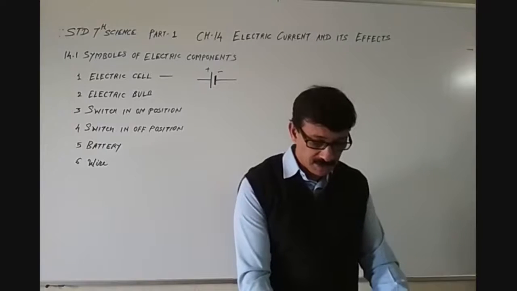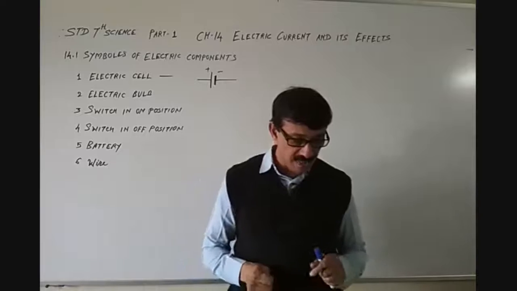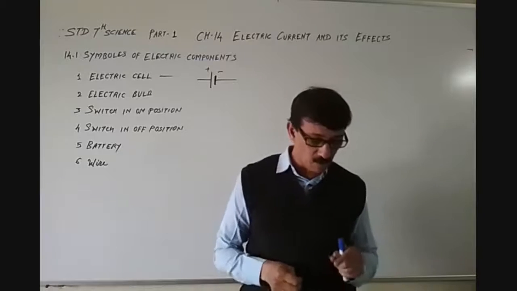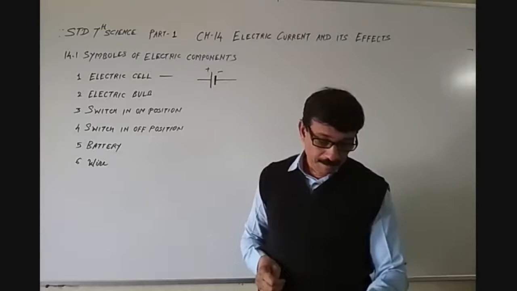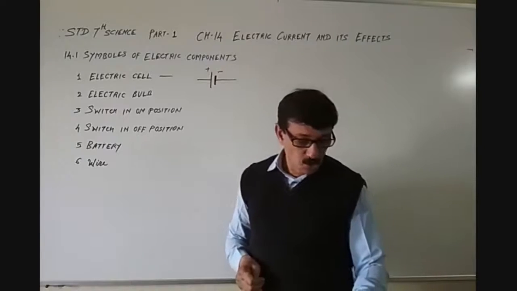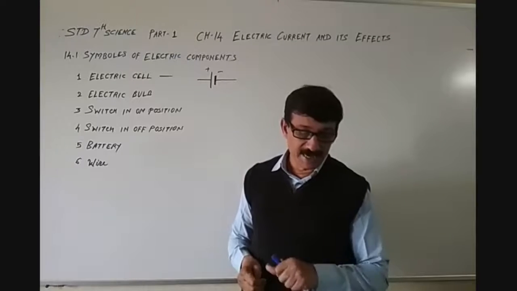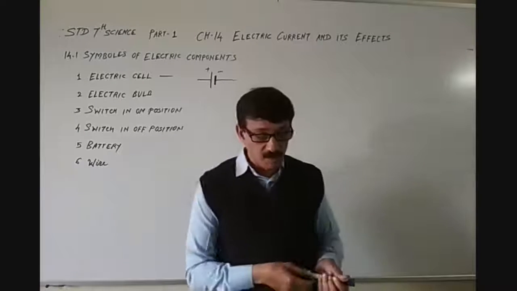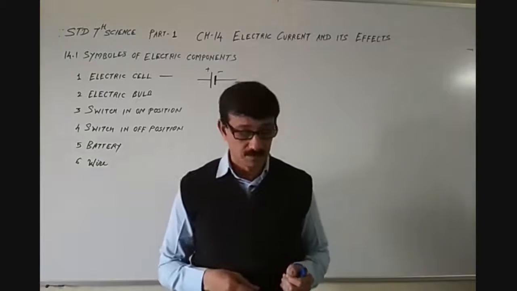For a switch, the on position and the off position are represented by the symbols as shown. The wires used to connect the various components in a circuit are represented by lines. First of all, let's try to understand the switch.